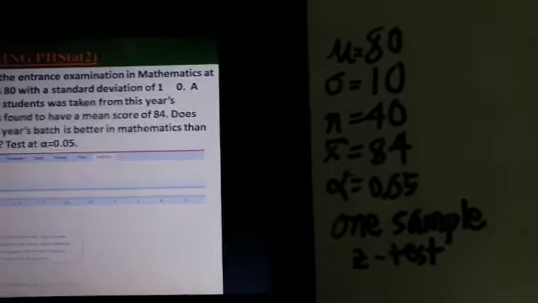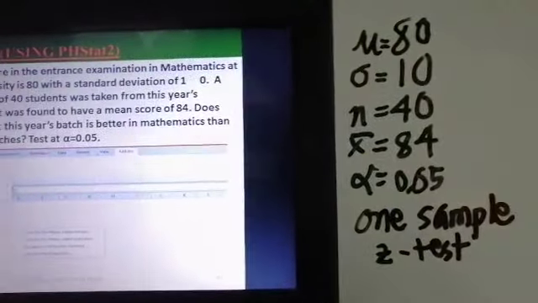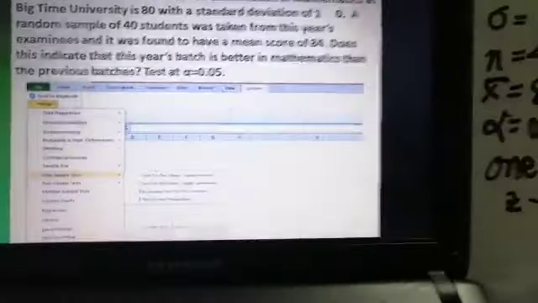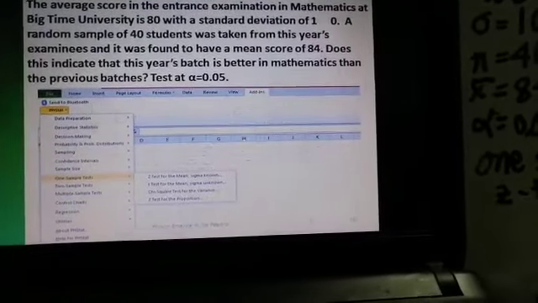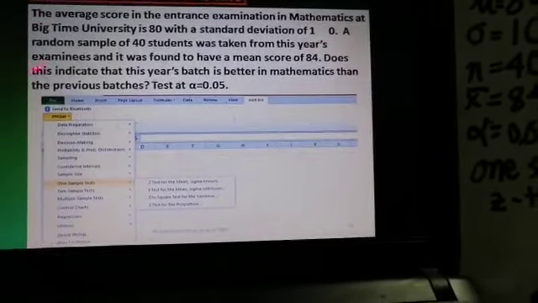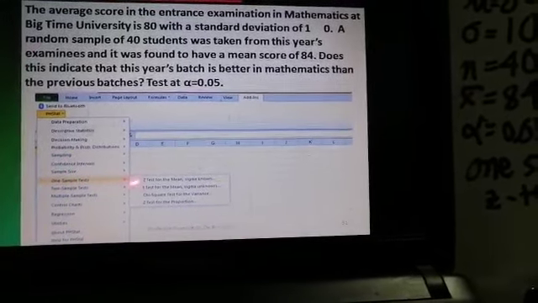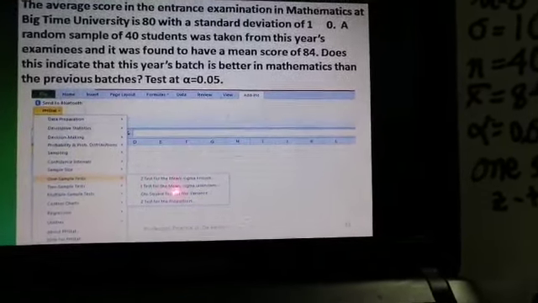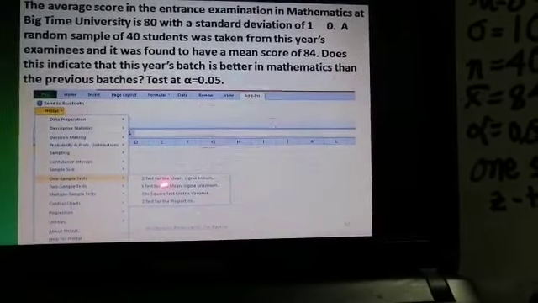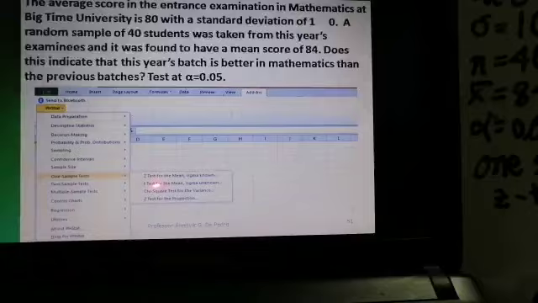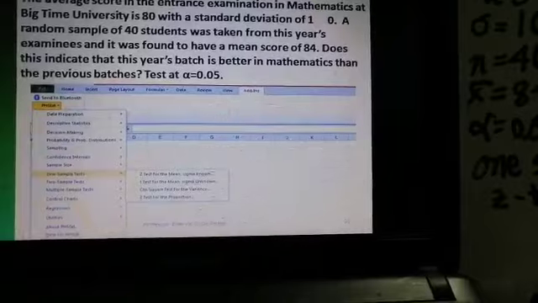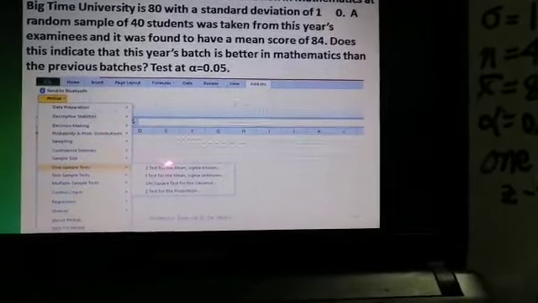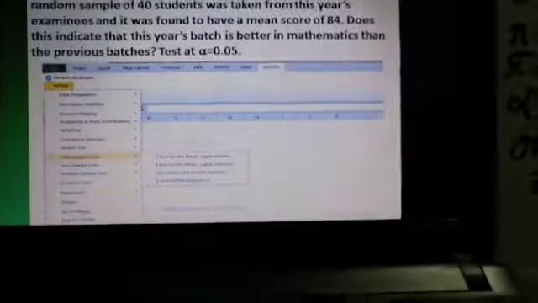As I've said, we will be using a one sample test, z-test. So you have to press PHStat, and use a one sample test. Then you have the options of using z-test for the mean, sigma known, t-test for the mean, sigma unknown, chi-square test for the variance, and z-test for the proportion. So what do we have to use? Z-test for the mean, sigma known.